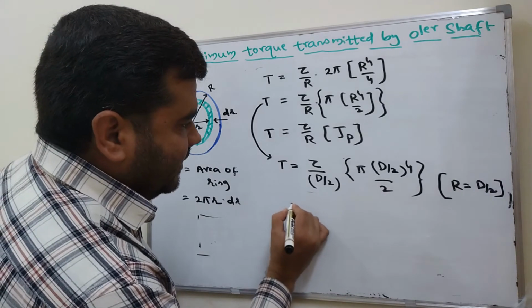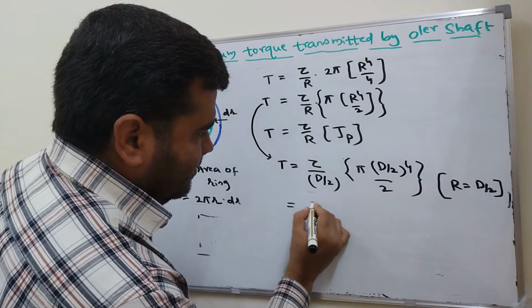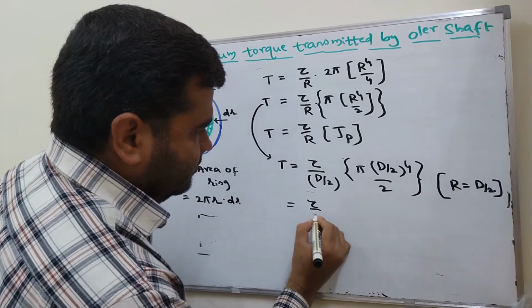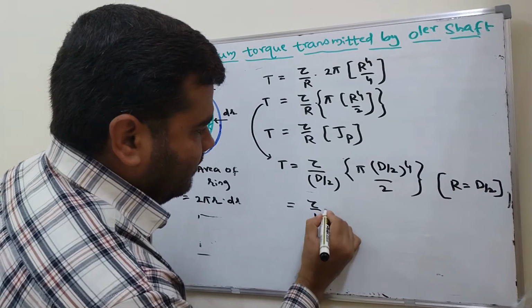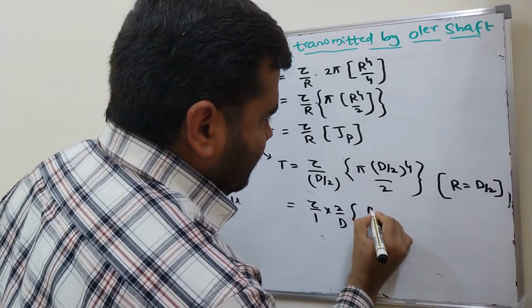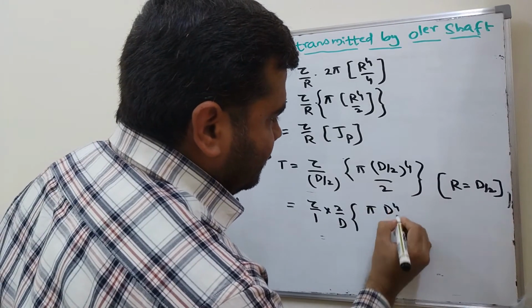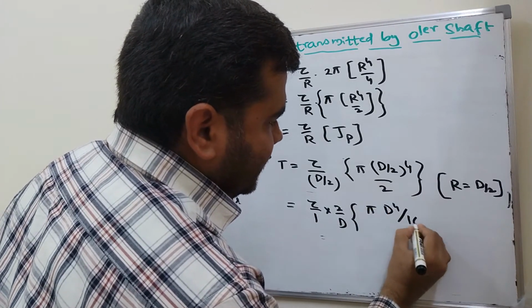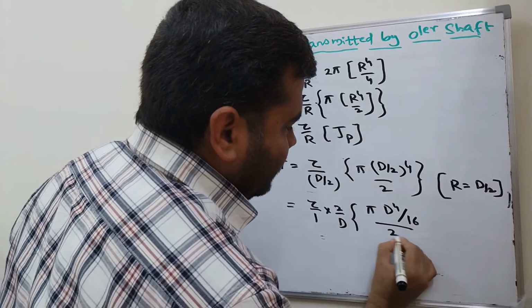So now how much am I getting here? This will be equal to tau by 1 into 2 divided by d into pi, d raised to 4 divided by 16 divided by 2, right?